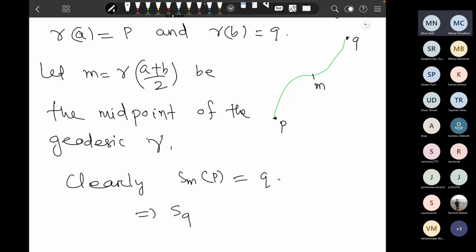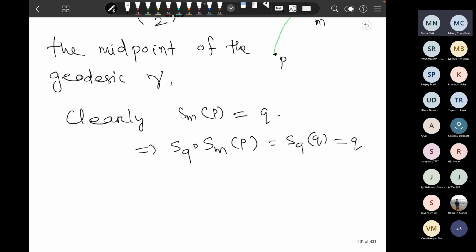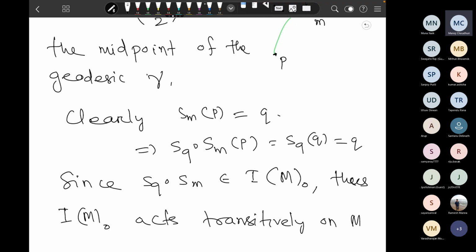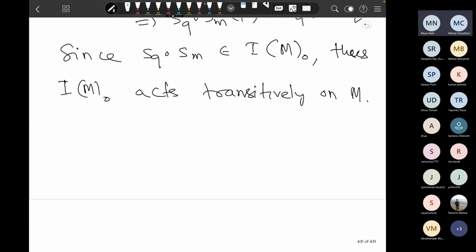Now apply S_Q to both sides. So S_Q S_M of P is S_Q of Q, and this is Q. We have seen that S_Q composition S_M belongs to I_0(M). Thus I_0(M) acts transitively on M. So this is the second proof.